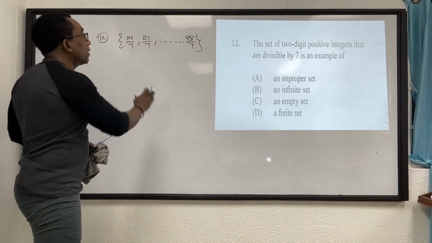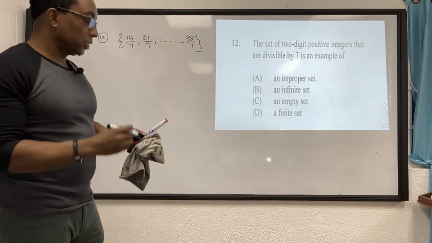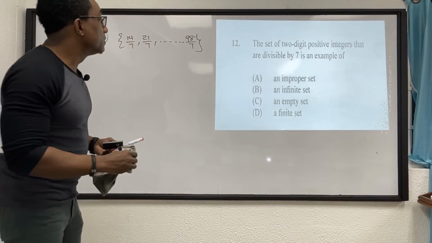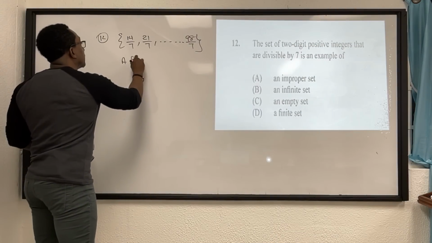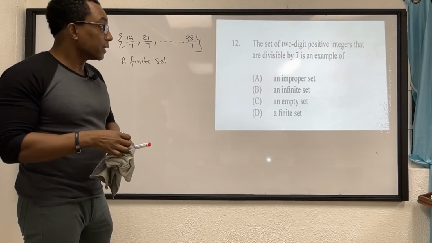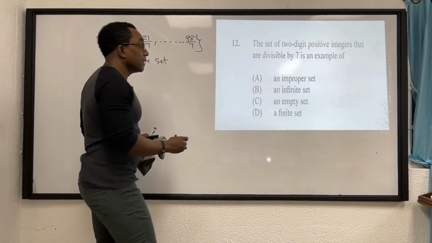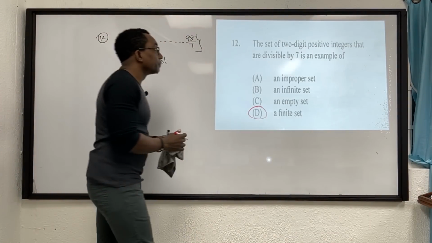And because we can count the number of elements, then the answer for question 12 will be D, which is a finite set. A finite set is a set where we can count the number of elements. So we can count the number of elements in that set, and your answer there will be D.